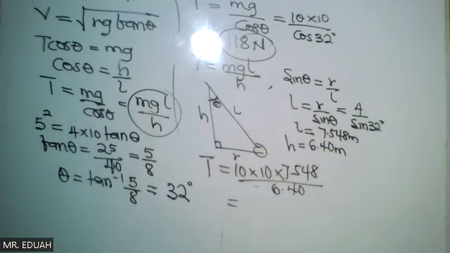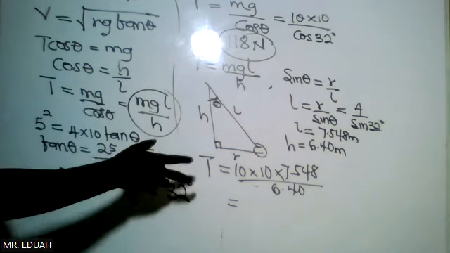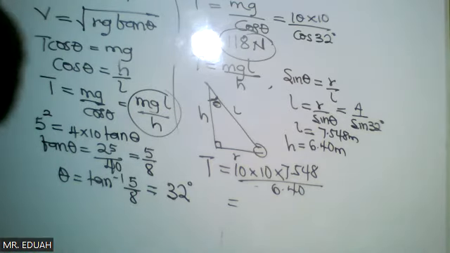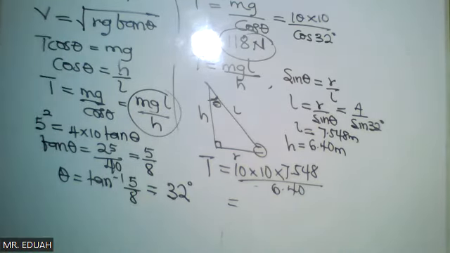So the various relations were what I was drawing your attention to. Akosia: since the question says the string is inclined to the vertical, why is it not T sine theta equal to mg, but it's still cos theta?